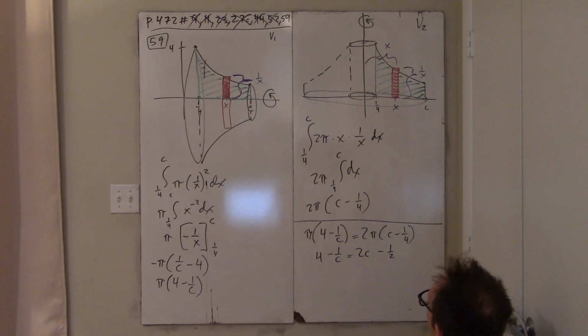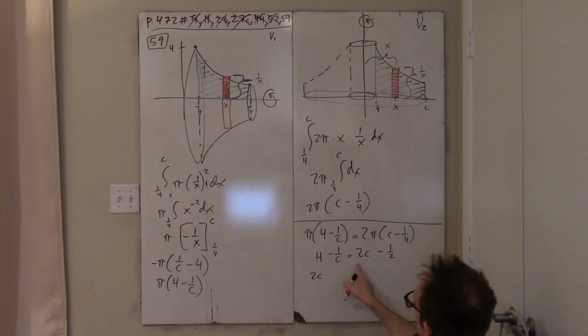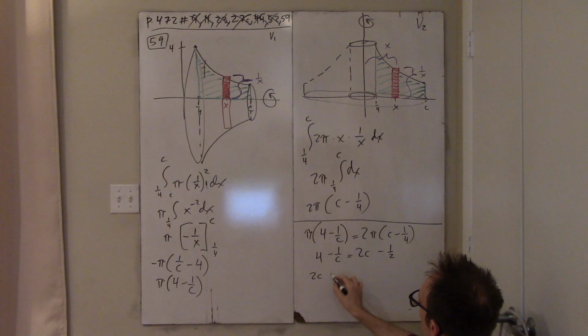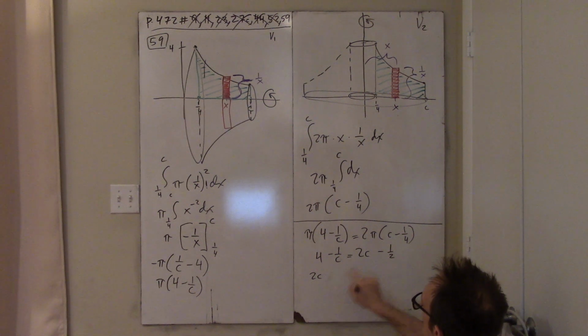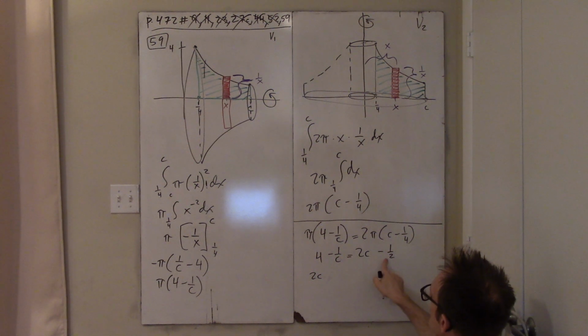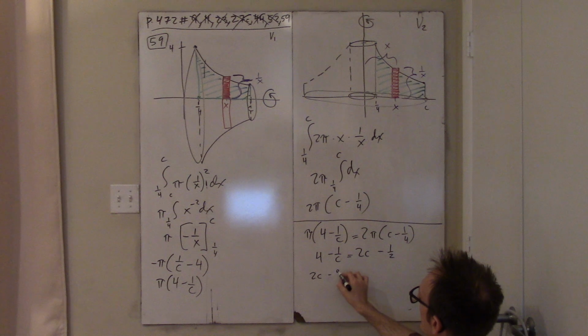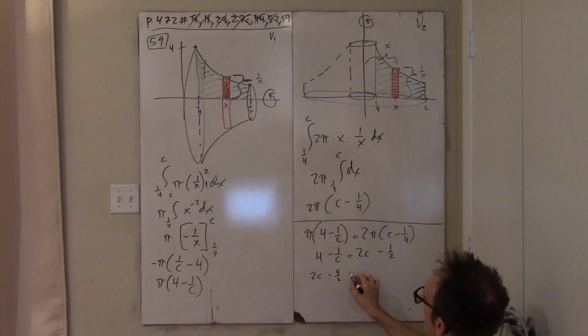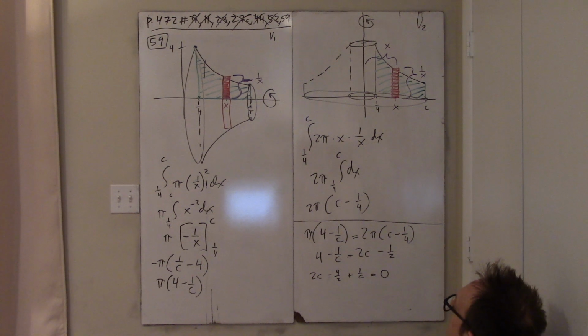And what now? Well, let's just move everything over to one side. So this is 2c minus 9/2 plus 1/c equals 0.